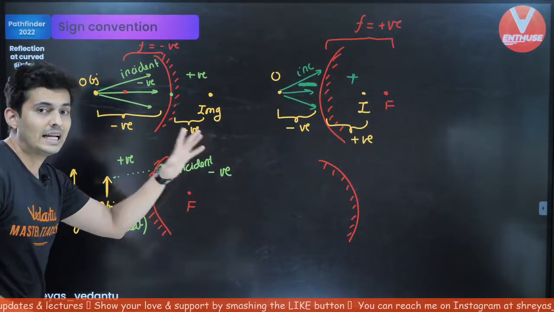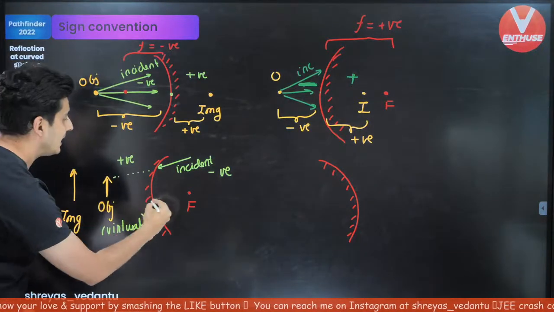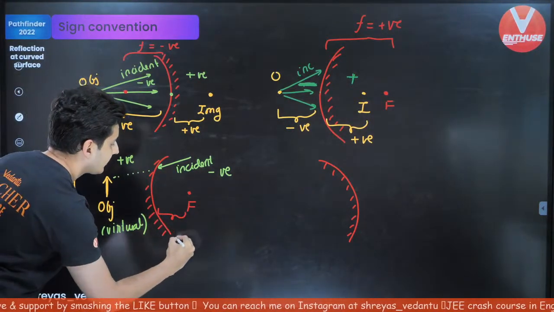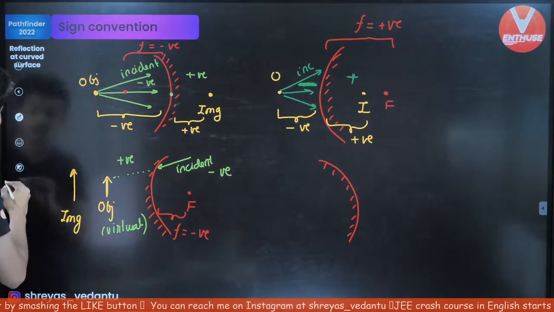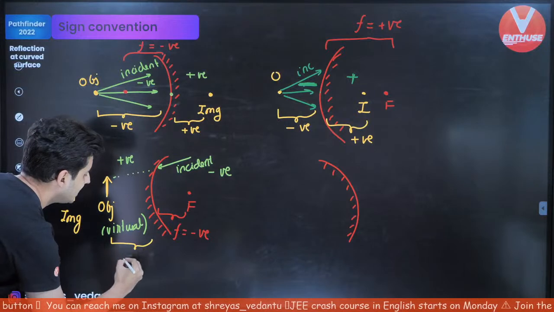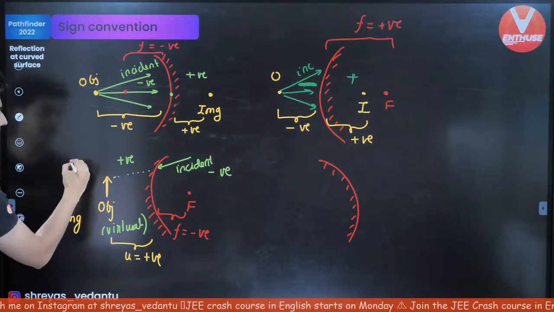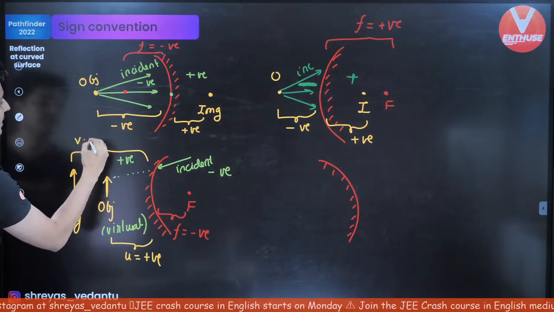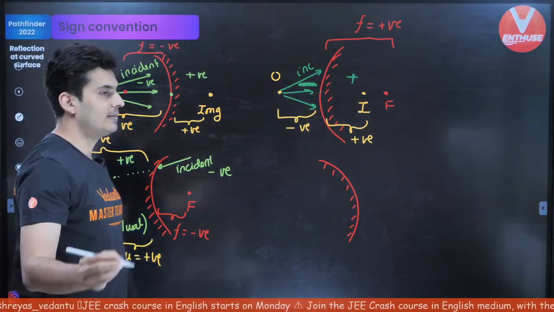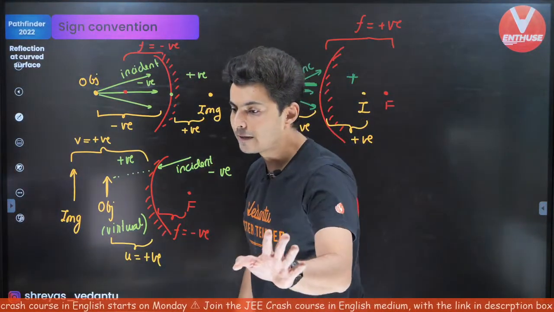And what am I going to get? The focal length will be negative. Then your object distance u will be positive, and the image distance v will also be positive. Is that understood, my warriors? I hope this is clear.